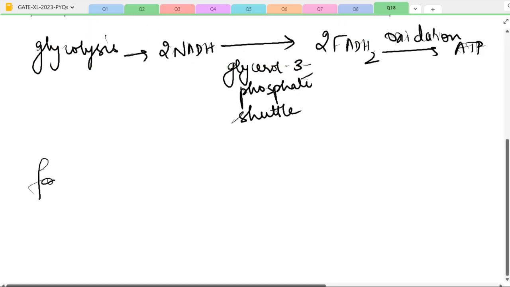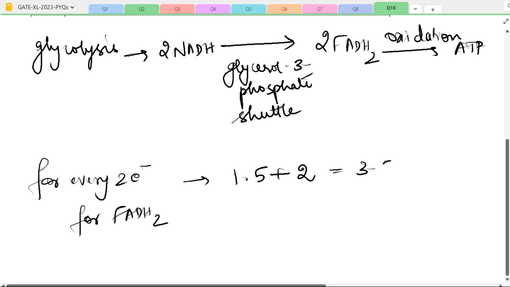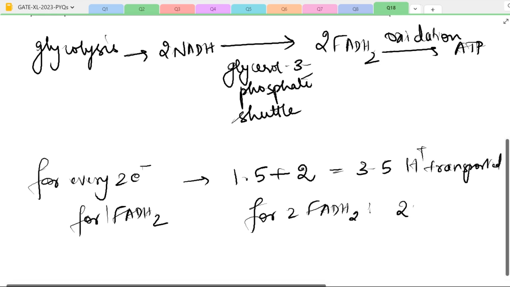So for every 2 electrons, and this is for FADH2, you have for this particular organism 1.5 plus 2, which is 3.5 hydrogen ions being transported. However, this is for only 1 FADH2. For 2 FADH2, this is going to be 2 into 3.5, which is 7 H plus, right?